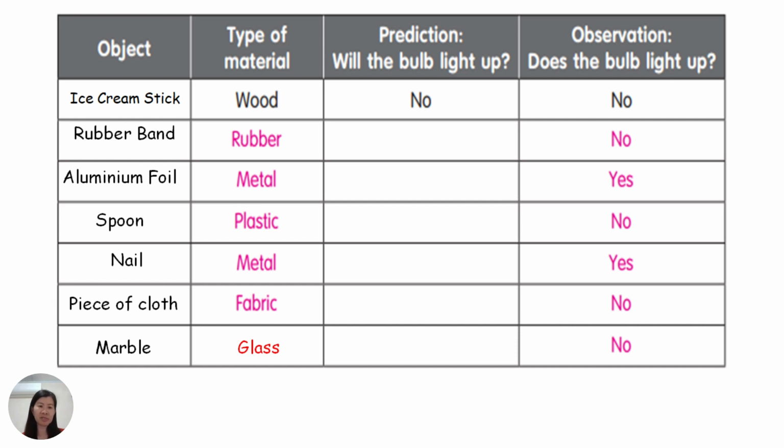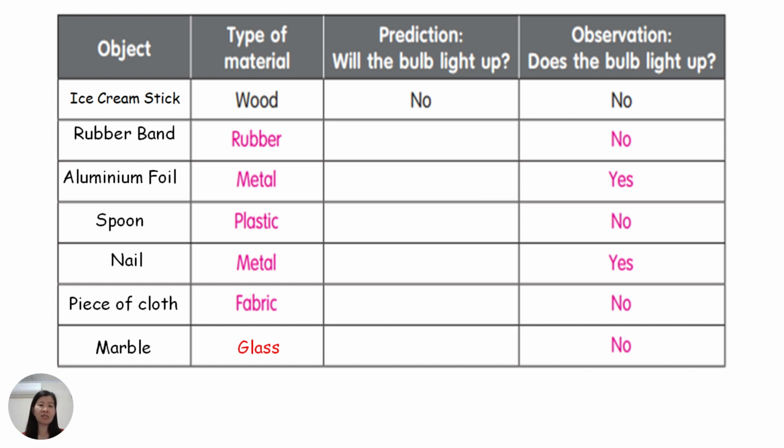So what do you notice here? You notice that if it is connected to the aluminum foil, the bulb will light up. If it is connected to the nail, the bulb lights up. And as for the rest of the objects, the bulbs don't light up. So only aluminum foil and nail.